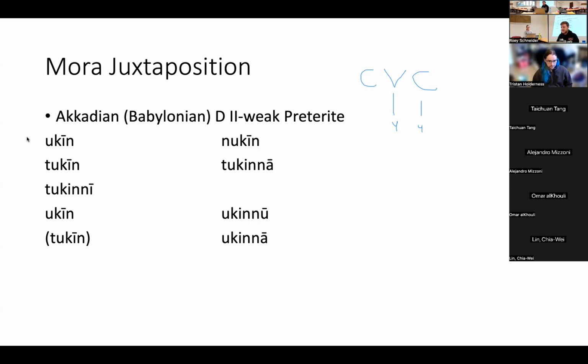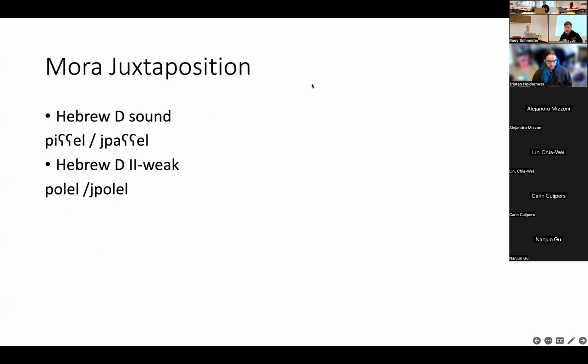Any question regarding this? No, nothing? Okay, so we will see similar phenomena in other Semitic languages. For example, in Hebrew, you have this in the D of middle weak as well, but differently. The D for sound roots is fi'el, yifa'el, with a gemination of the second radical.